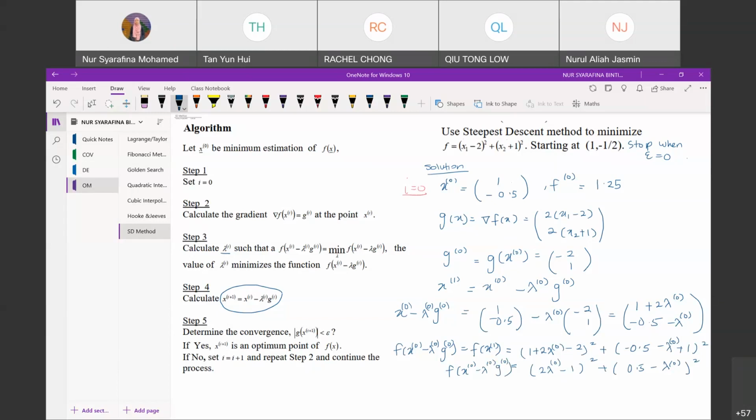So calculate lambda such that this function is minimized. How can we minimize the function?